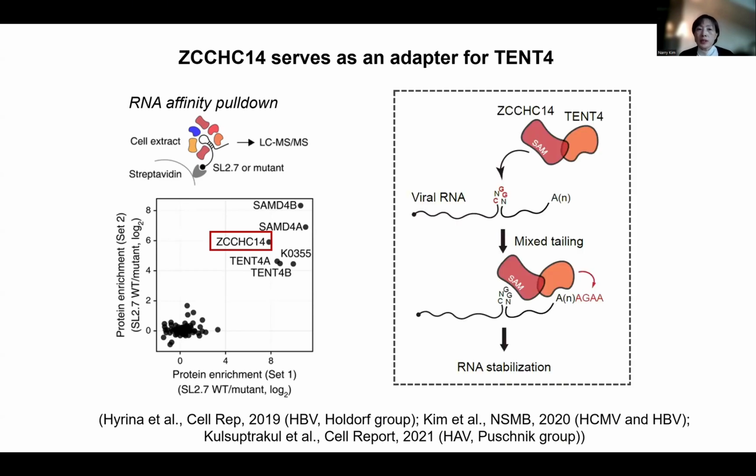So putting these results together, these viruses, although they are quite diverged from each other, somehow came up with the same solution to stabilize their own mRNA by evolving this CNGGN pentaloop, which interacts with the same domain of ZCCHC14, which in turn recruits TENT4 that induces mixed tailing and stabilizes viral RNAs.